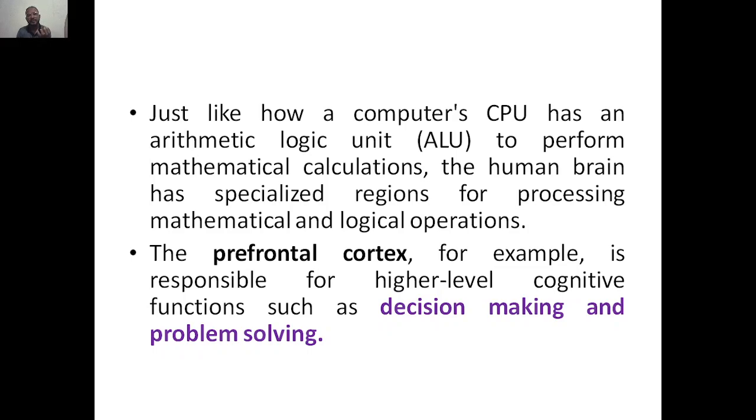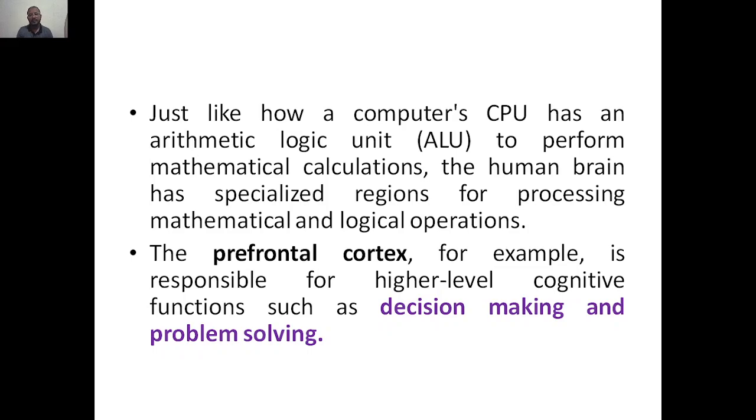In the brain we have specialized regions for processing particular mathematical or logical operations or any kind of tasks, whereas the CPU has the ALU. So this is based on the architecture we are comparing here: here it is specialized regions, here it is the arithmetic logic unit, to perform specific tasks like mathematical calculations or logical operations.